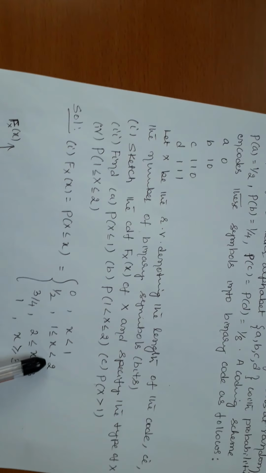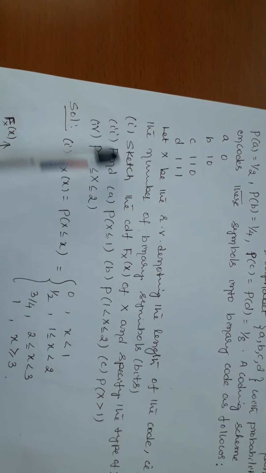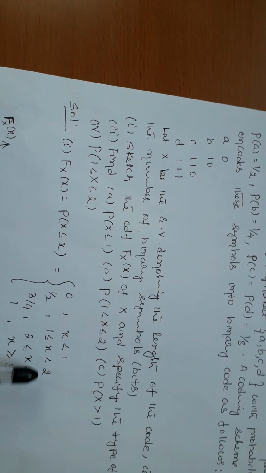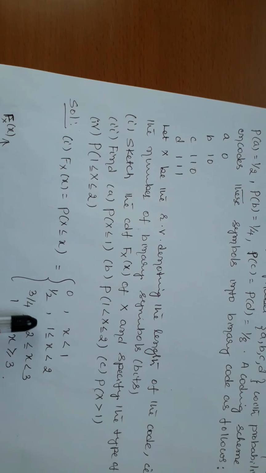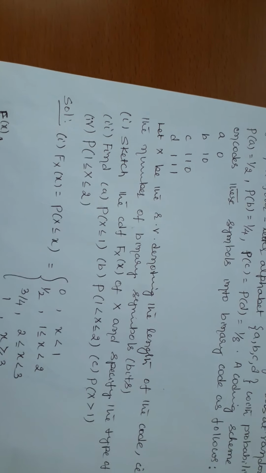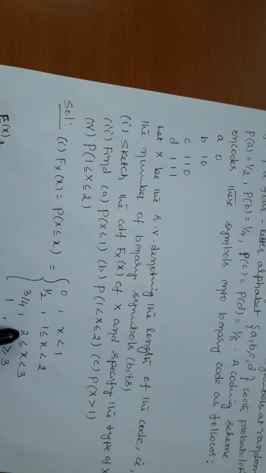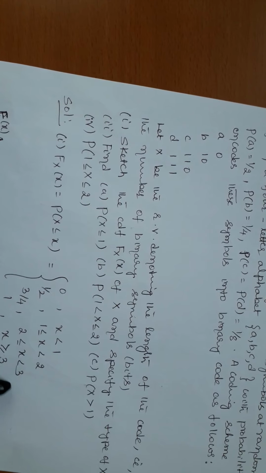What is the probability here? The number of binary symbols starts from 1 up to less than 2. P of A is 1 by 2. Therefore, half plus 0 is half only. Are you clear? The next step starts from number of binary bits equal to 2 until less than 3.